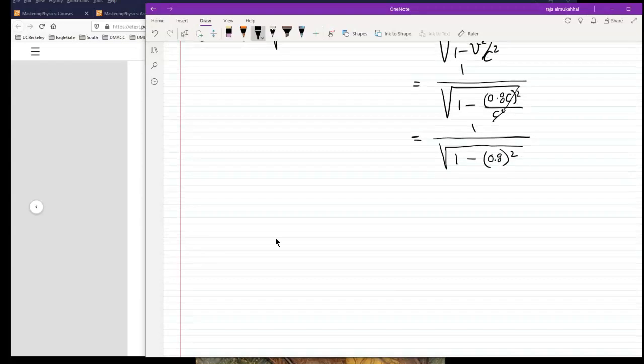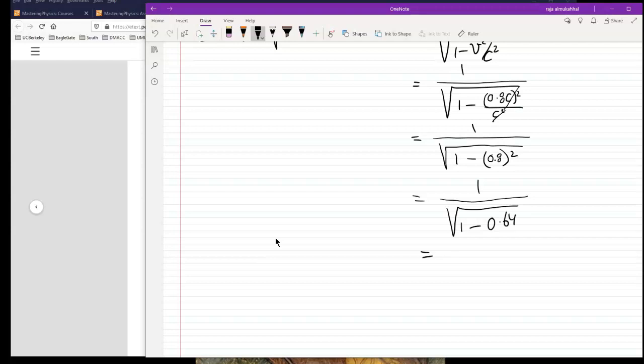I'm going to use my calculator. One minus 0.8 squared. 0.8 squared is 0.64. I should have known that. That was dumb.